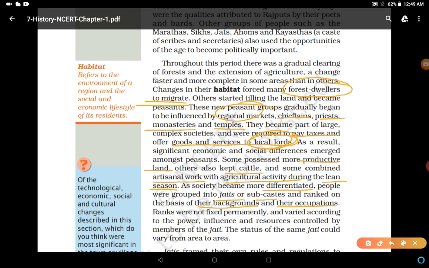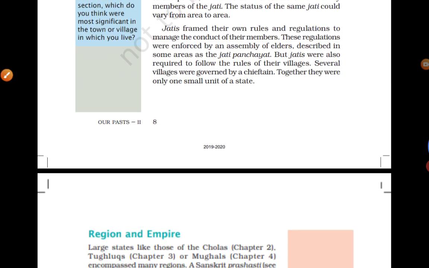Ranks were not fixed permanently and varied according to the power, influence, and resources controlled by members of the jati. The status of the same jati could vary from area to area. It means in some areas the same jati was in power, so it was honored and respected by the people. But in another area, the jati was not of such status.